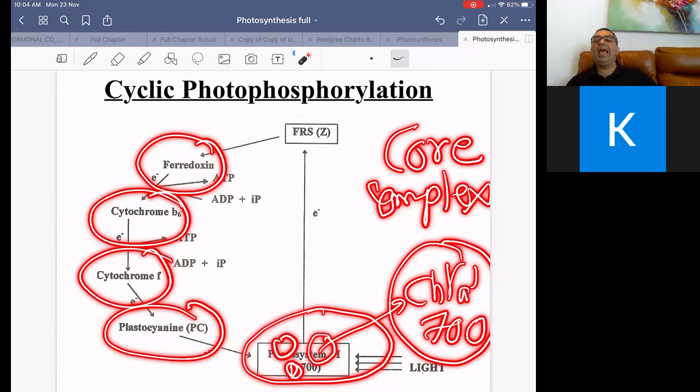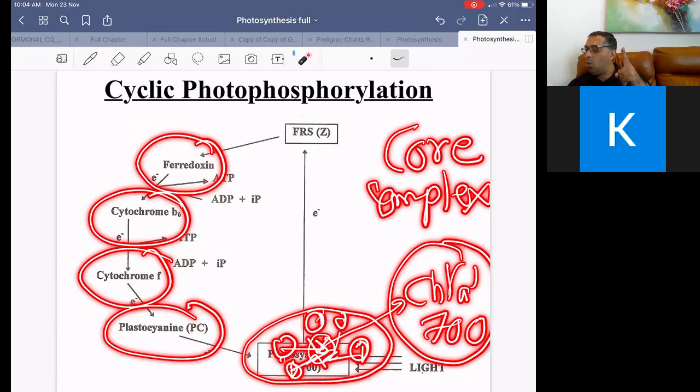And all the accessory pigments, which if you remember, are 200 chlorophyll A683, along with it chlorophyll B, carotene and xanthophyll. Their work is not core. They are only accessory pigments, only transferring energy to chlorophyll A. So these are not core.